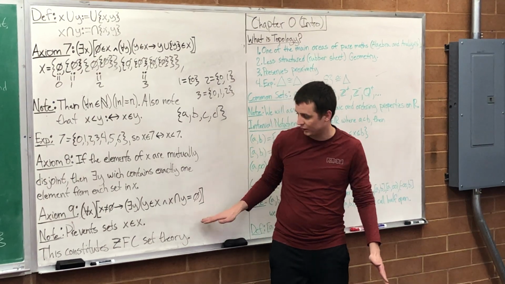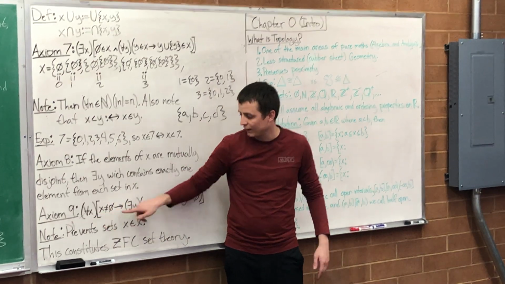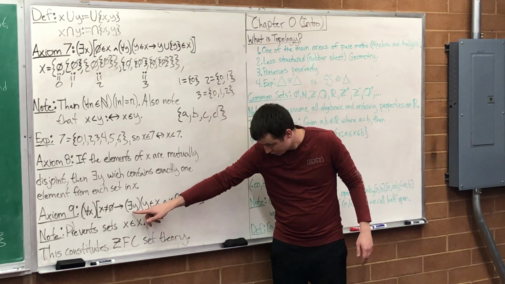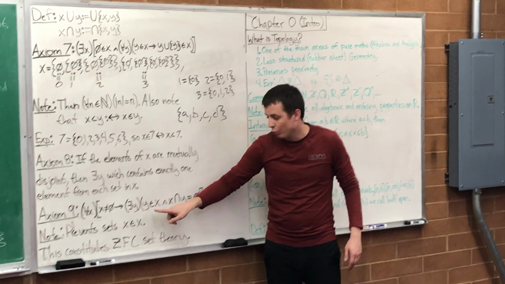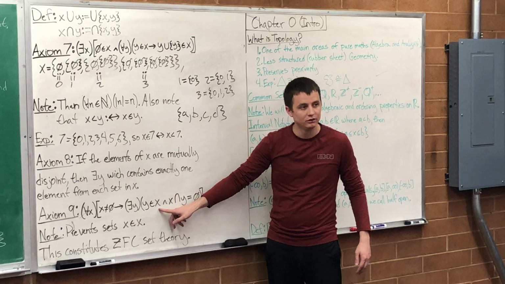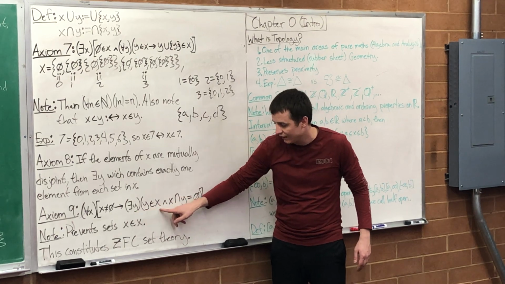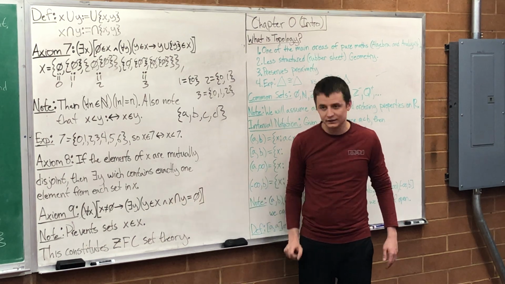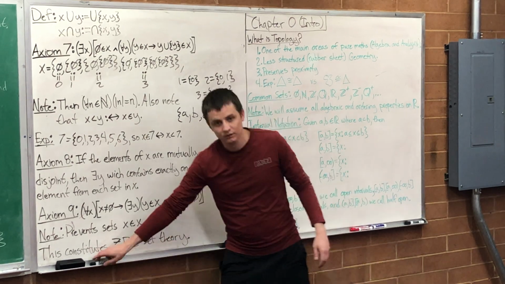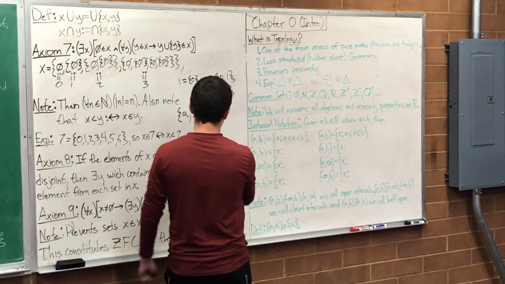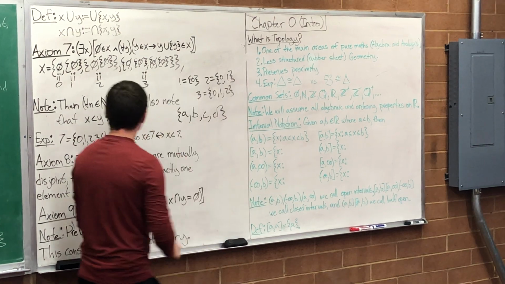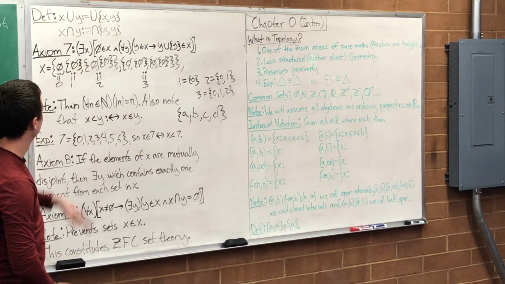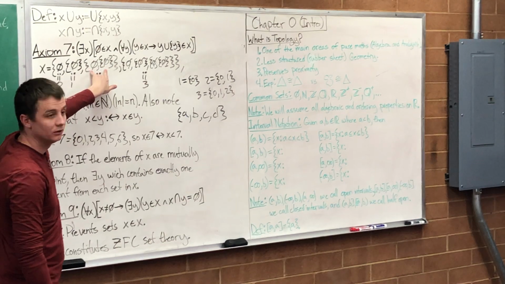So let's go over it one more time. For every set x, where x isn't empty, there exists a y in x, there exists an element in x, such that when I intersect x with that element, I get the empty set. Pick any set you want. Let's pick this set.